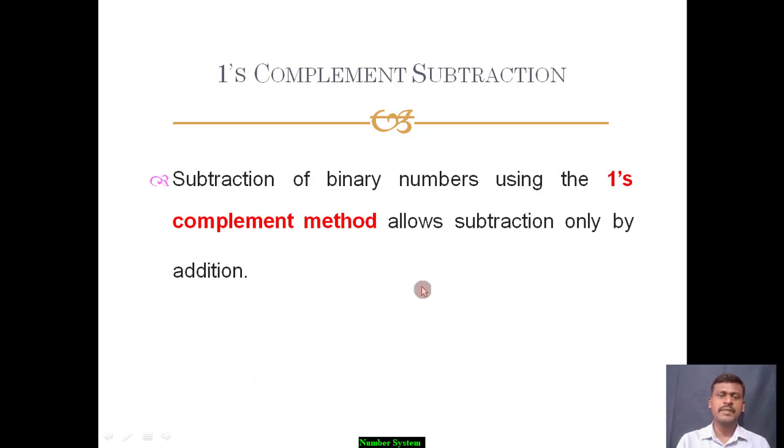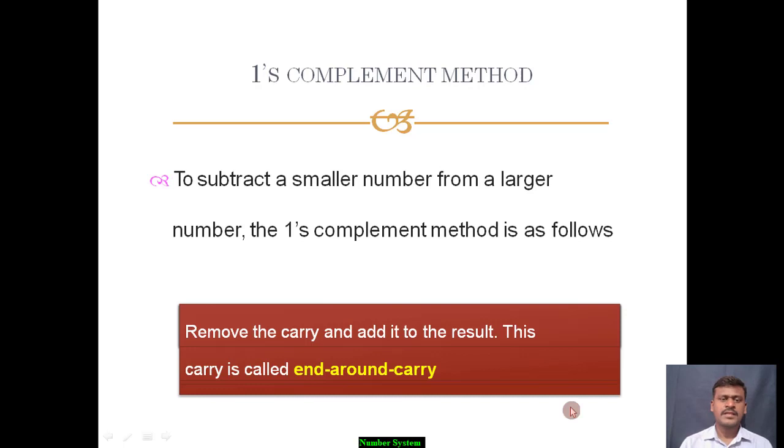Before that, we will see the ones complement method to subtract a smaller number from a larger number. The ones complement method is as follows. Remove the carry and add it to the result. This carry is called end around carry.